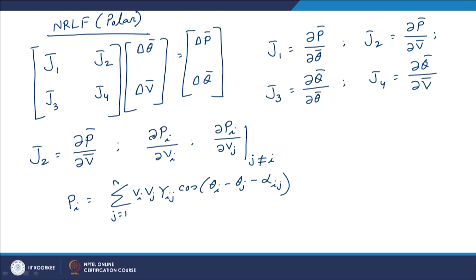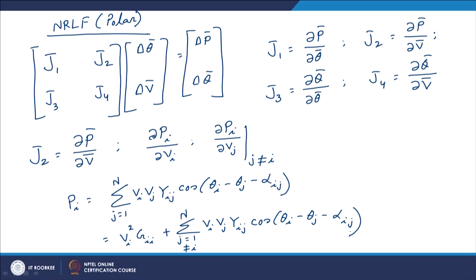So, it is Vi square Gii plus the sum over j not equal to i, up to n, of Vi Vj Yij cosine of theta i minus theta j minus alpha ij. We have already done this, we are just recapitulating it.